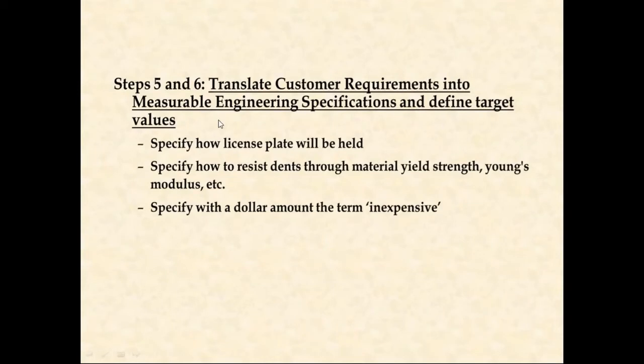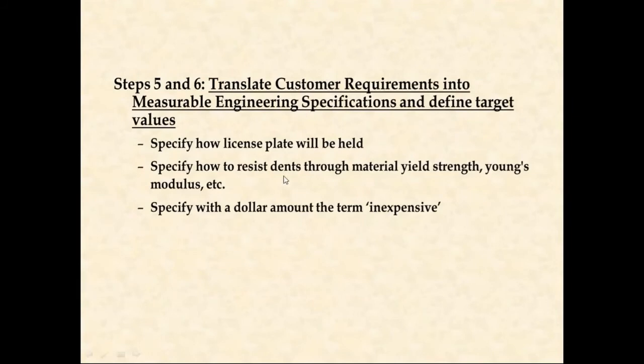After finding the customer requirements and calculating, we will be taking the technical requirements, and based on these technical requirements and the customer requirements, further calculations will be done to measure the engineering specifications and define the target values. So specify how the license plate will be held, that will be explained.